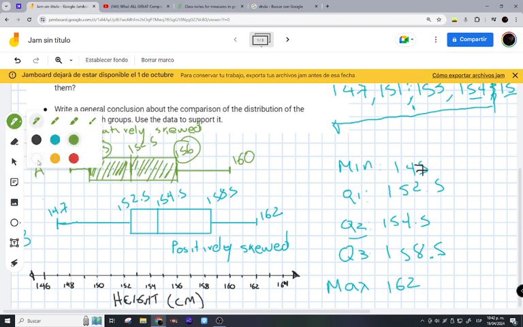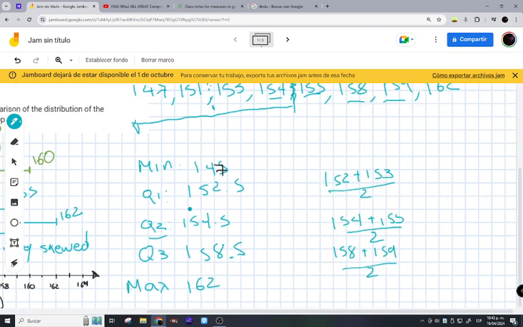Now let's do it with school B. Okay, for school B, the interquartile range is 158.5 minus 152.5, which is... okay, let's do it by hand, because I don't want to mess it up.